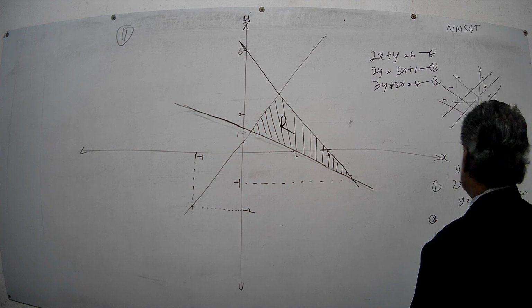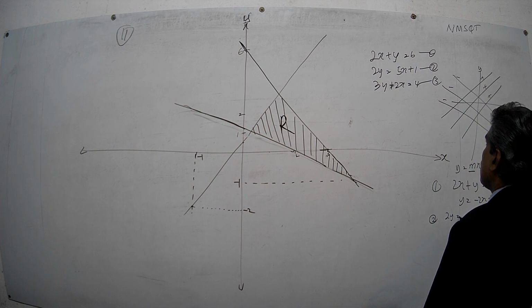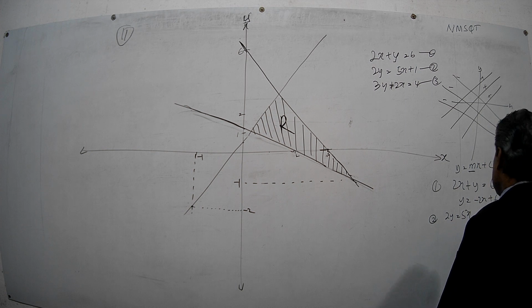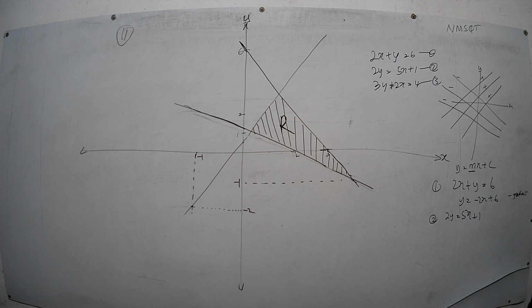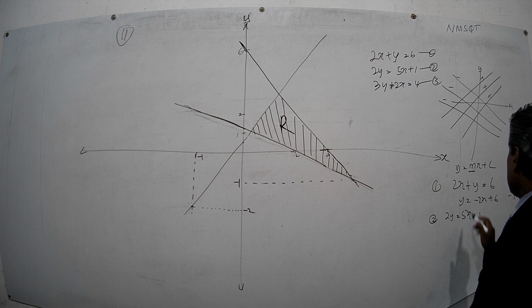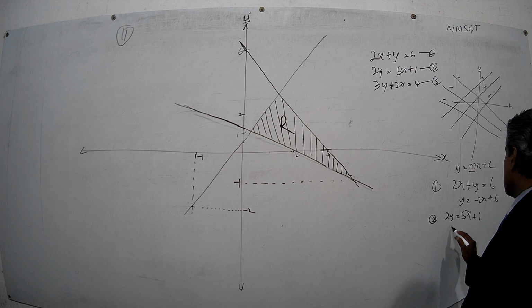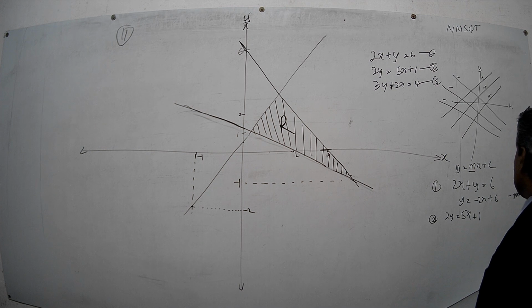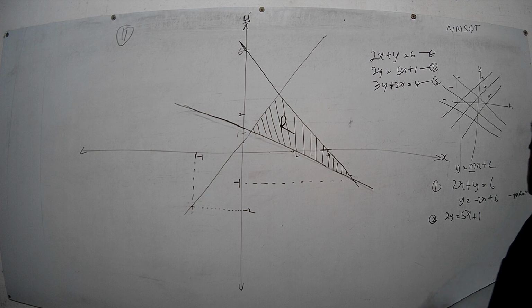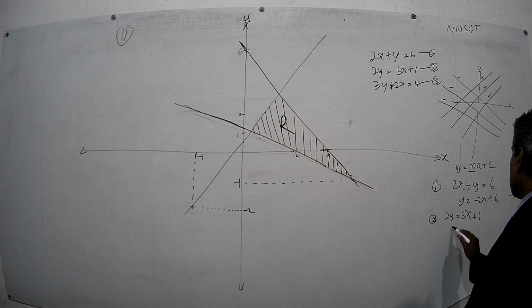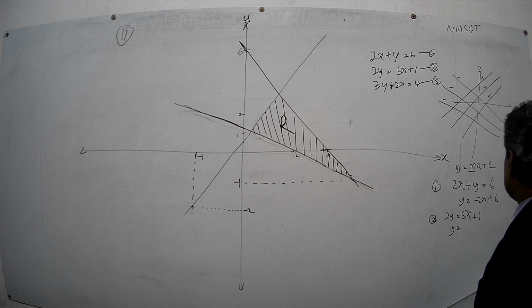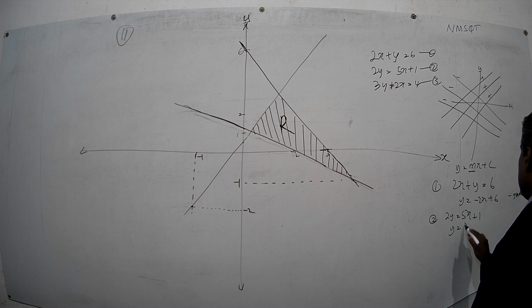Second one, 2y equals 5x plus 1. You make y the subject. Y equals 5 over 2 x plus 1 over 2.